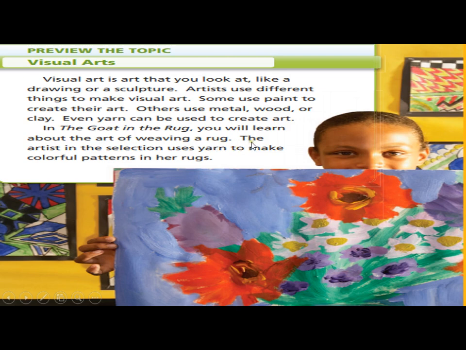The artist in the selection uses yarn, and you will know what yarn means in the next video, to make colorful patterns in her rugs. Rugs are a smaller handmade version of carpets. Yarn is like spun threads that are used to make rugs, and they are super colorful and part of the visual arts.